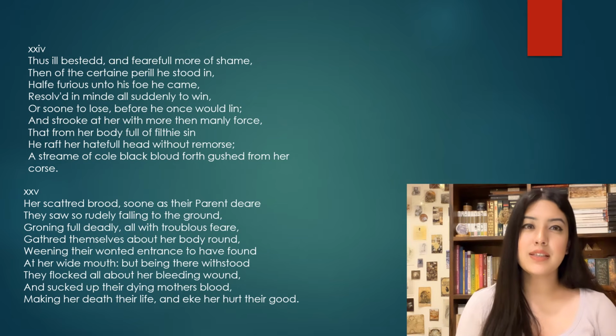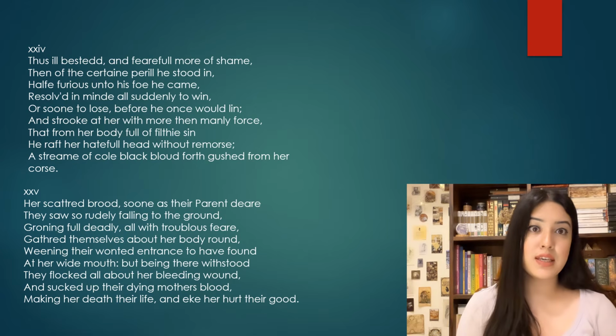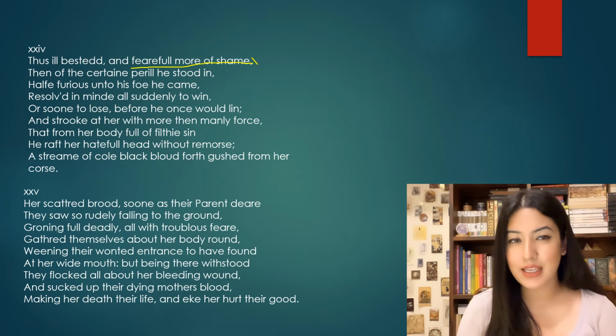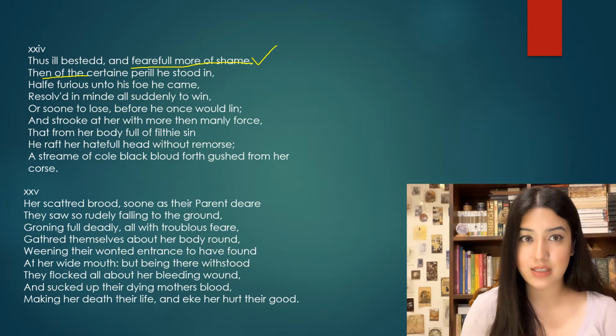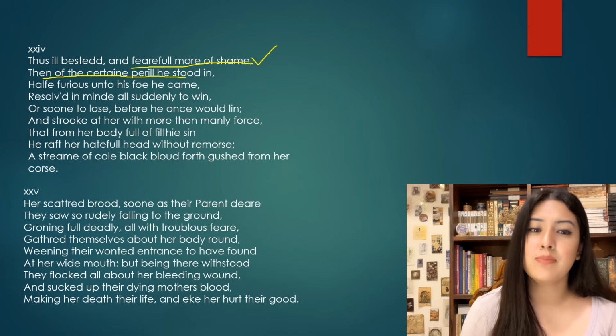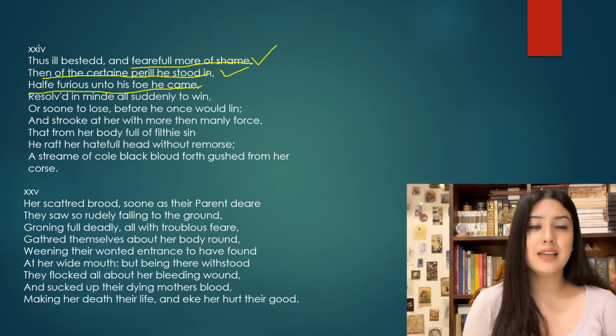Now what happens is, if you see stanza 24, you will see that the Red Cross Knight is very fearful of shame. He doesn't care about the monster much, but he is afraid of the shame that he will encounter if he loses this fight. So "of the certain peril he stood in, half furious unto his foe he came." He was half furious because he knew that there are chances that he might lose.